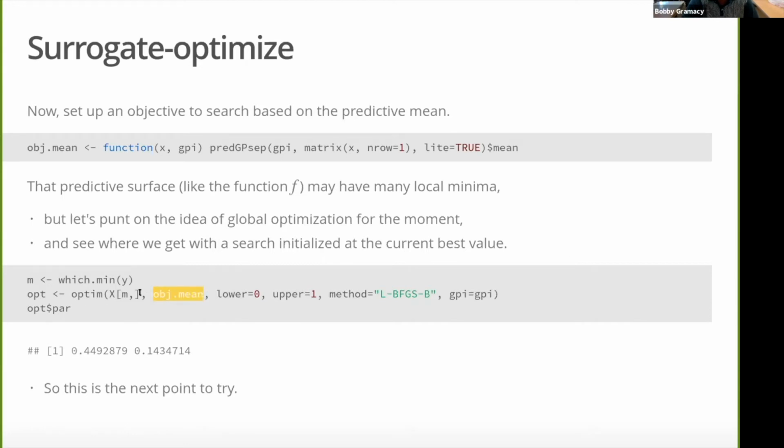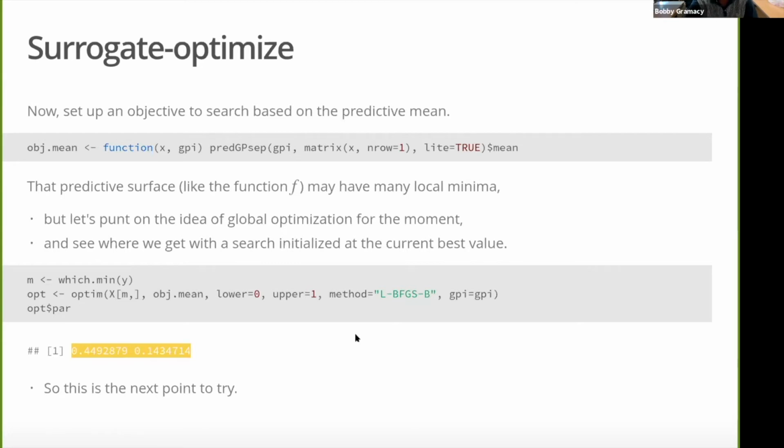The optimizer has to have a place to start. So I'm telling it, start your optimization at the previous best solution in the data set. The previous best solution in the data set is the one that minimizes the y values that I have already. And it comes back and says, this is what I think the minimum is. So in the 2-dimensional space, those coordinates represent what the model thinks is the minimum. So this is the next point to try.